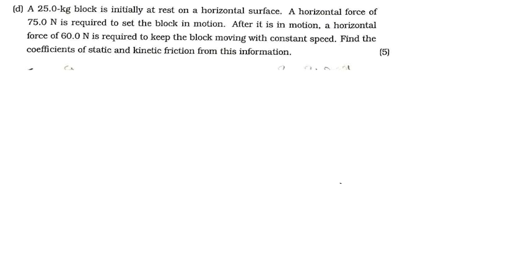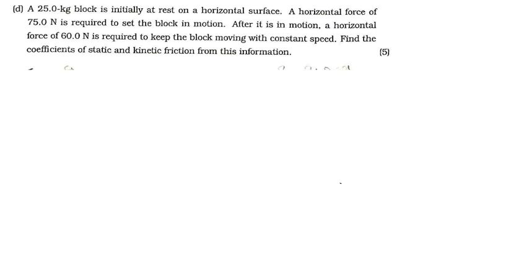Now, how do we find the kinetic friction and static friction? Look at this. I have got an interesting question which is saying a 25 kg block is initially at rest on a horizontal surface. A horizontal force of 75 newtons is required to set the block in motion, meaning that was the force required to make the object move, the force present when the object was not moving initially.